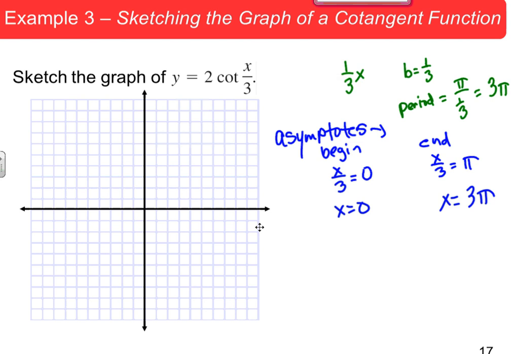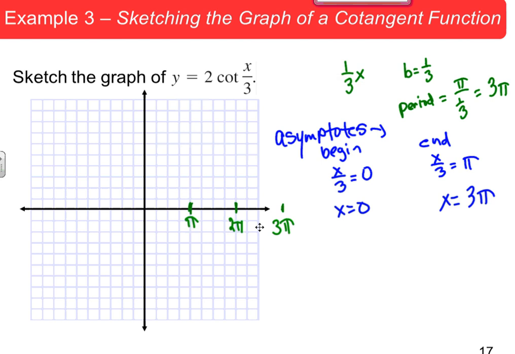I'm going to go 1, 2, 3, 4 boxes, and I'm going to make that pi. 1, 2, 3, 4 boxes, and I'm going to make that 2 pi. And then 1, 2, 3, 4 boxes, and I'm going to make that 3 pi. I'm a little spread out there, but that'll help me as I plot some points.